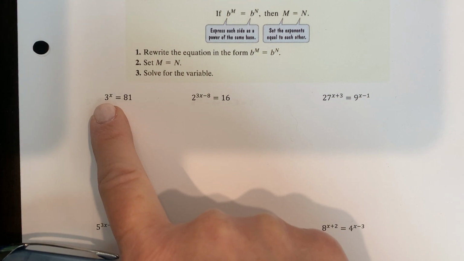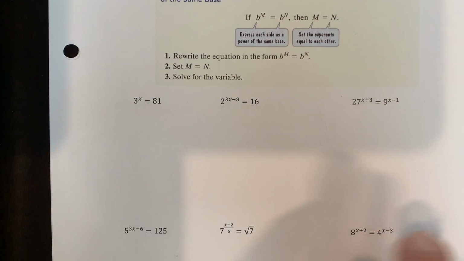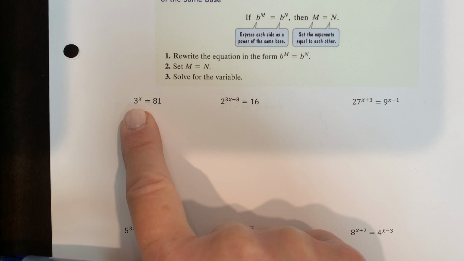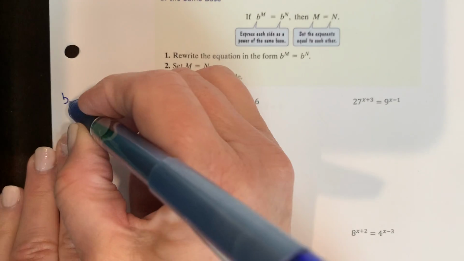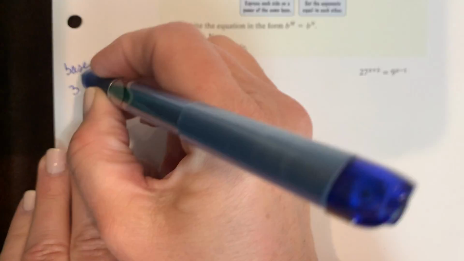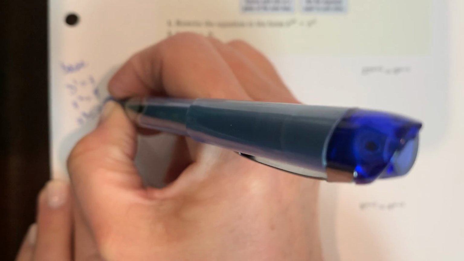So here's a base of 3 and a base of 81. Usually the smaller number might give me a clue of what to think for my base. So let's think about all the 3's. 3 to the first is 3. 3 squared is 9. 3 to the third is 27.